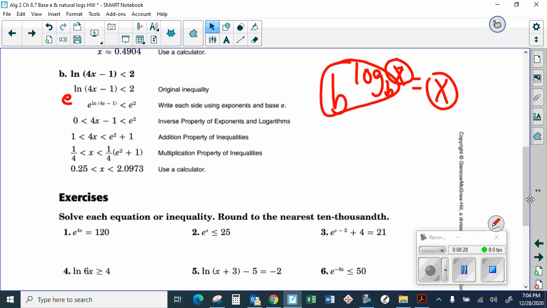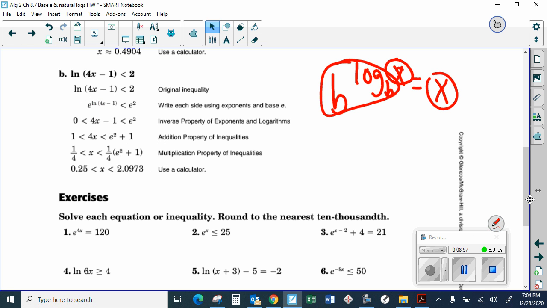They put e as the base and raised both sides. Whatever you do to one side, you do to the other side. And then since that's base e, that cancels out. As I just showed you over there, it's 1. And so I get 4x minus 1 is less than e squared.